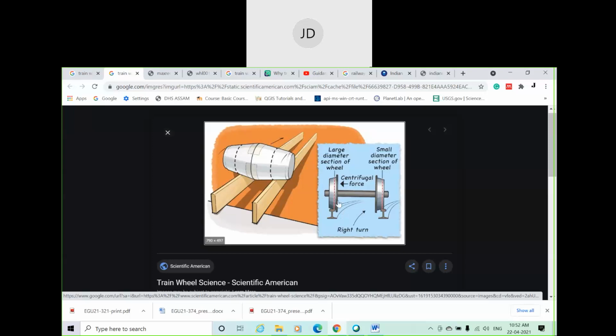You can see the inner face of the wheel has a larger diameter compared to the outer face. This part is wider. We're going to discuss this in coming classes.